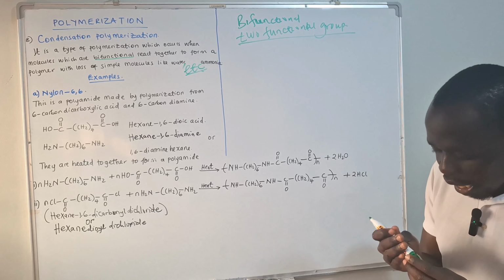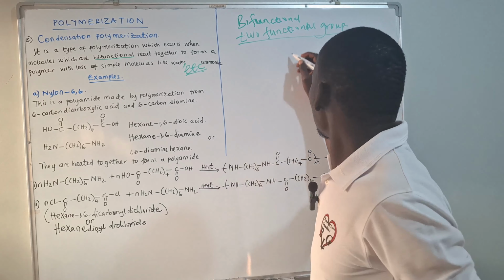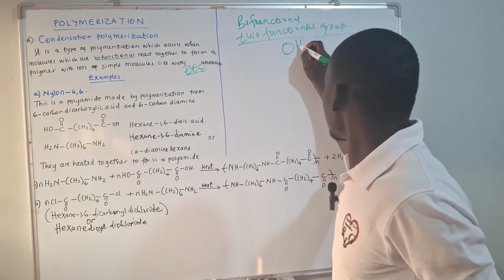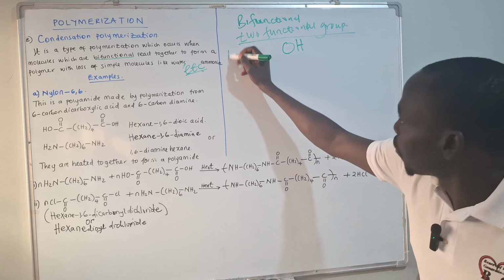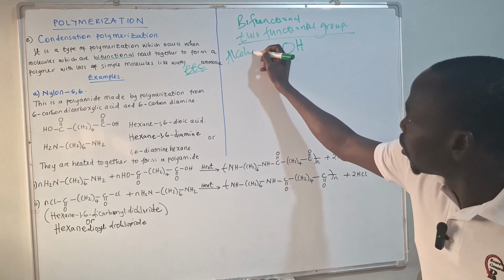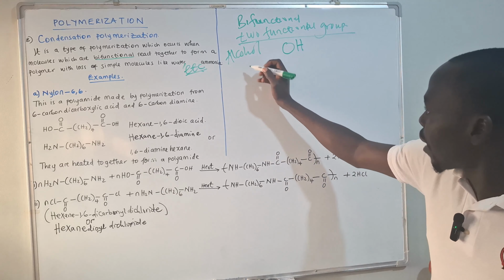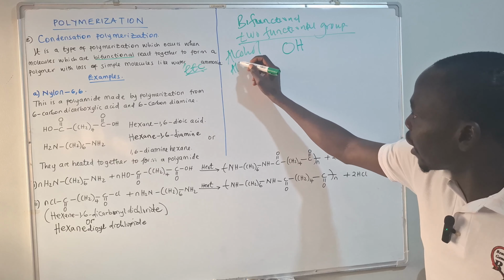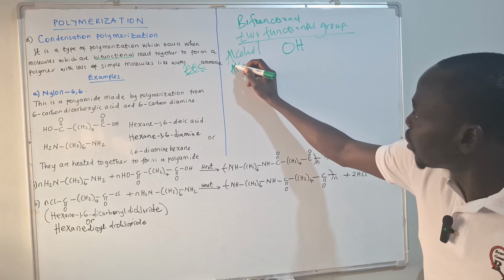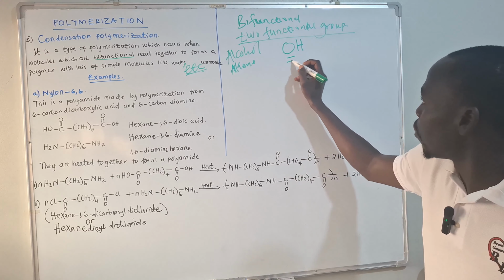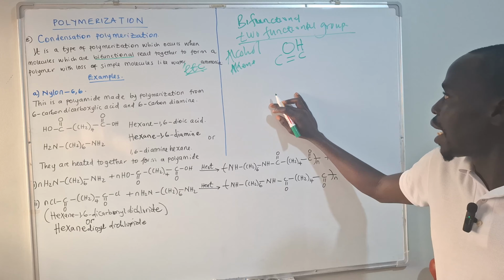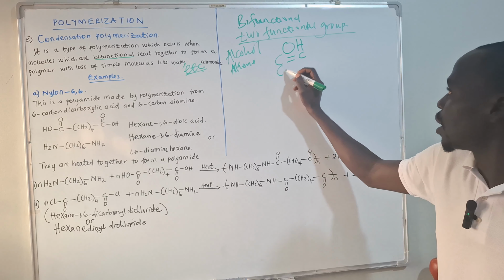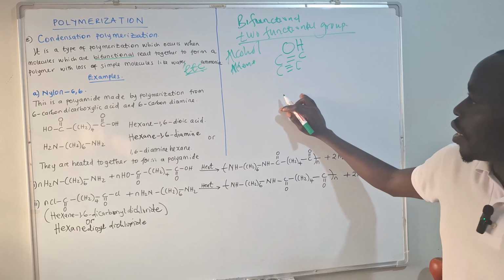That's why when we look at alcohol, we say the functional group in alcohol is the hydroxyl group. When we look at alkene, we say the functional group is the double bond between the carbon atoms. We also say that in alkyne, the functional group is something of this kind.